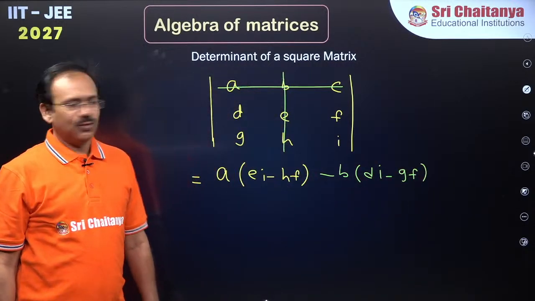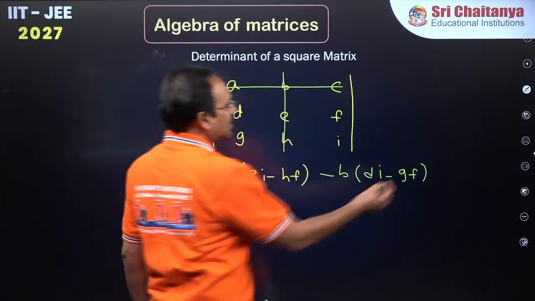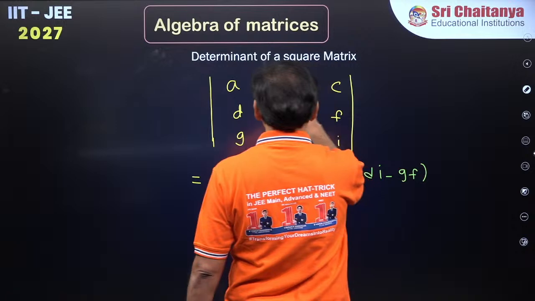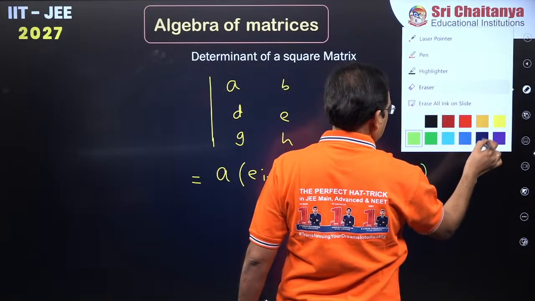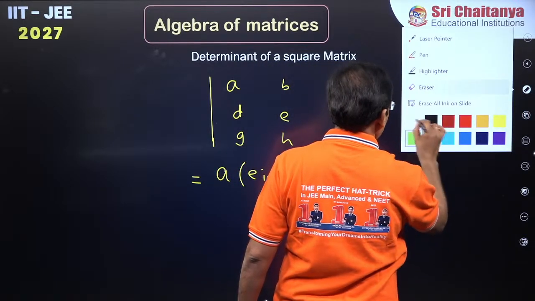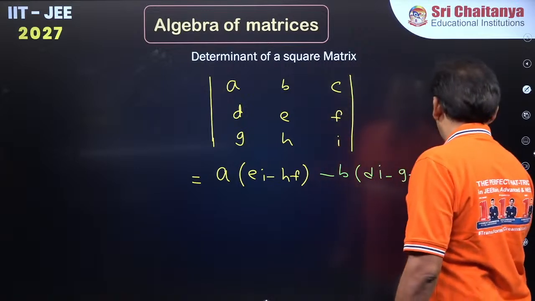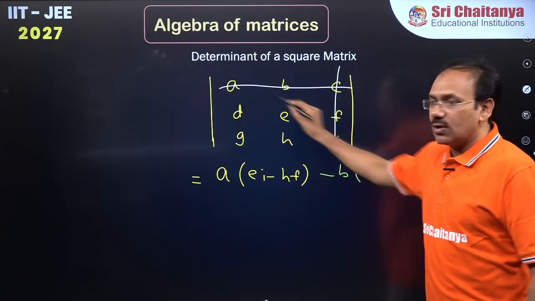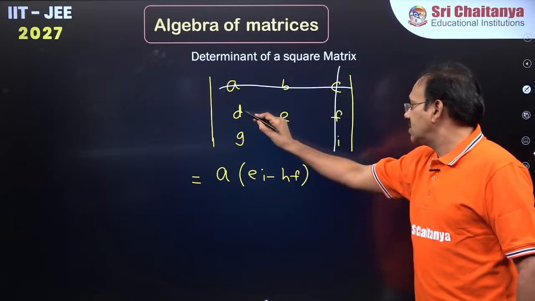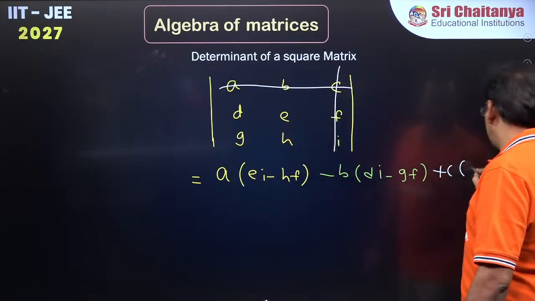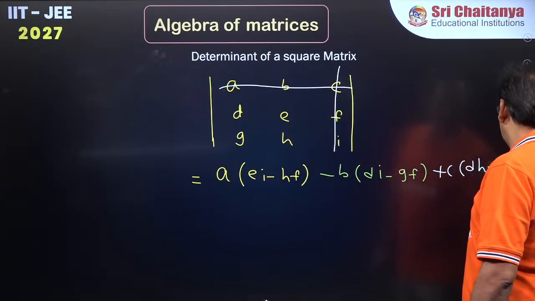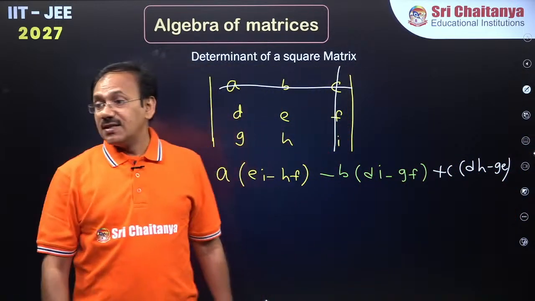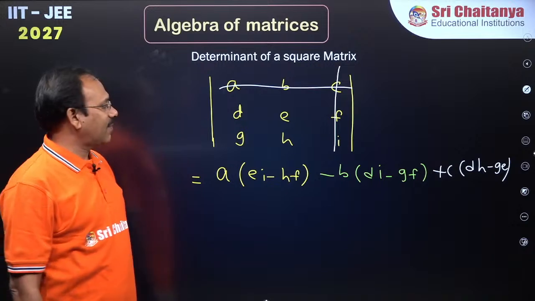Then third step, this element plus C into, remove this row and this column, you get a sub matrix. Now this is DH minus GE. This number is called the determinant of the matrix.